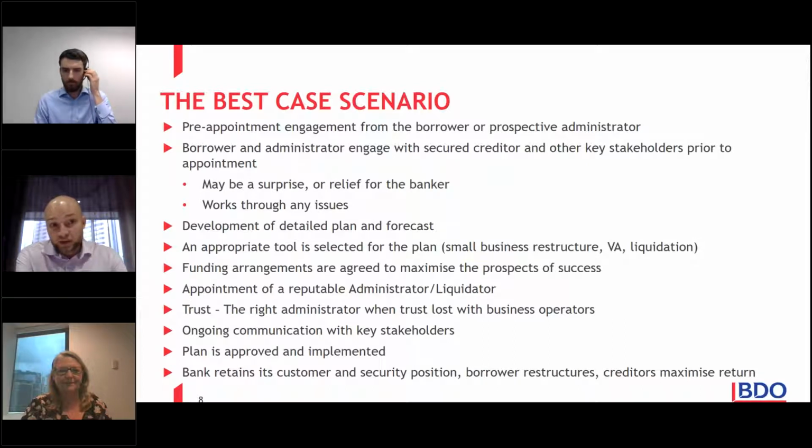So for that to occur, a best case scenario looks something like some real thought and planning going into the process before they actually appoint an administrator. So there needs to be pre-appointment engagement from the borrower and or the prospective administrator, really to get your key stakeholders on the same page with the plan that they're proposing to implement through a VA process.